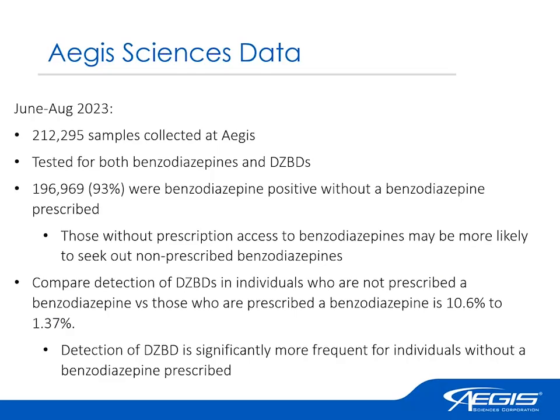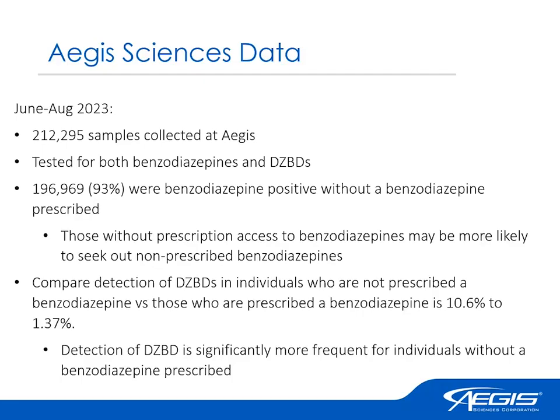Those without prescription access to benzodiazepines may be more likely to seek out non-prescribed benzodiazepines. When we compare the detection of designer benzodiazepines in individuals who are not prescribed a benzodiazepine versus those who are prescribed a benzodiazepine, it is 10.6% to 1.37%. The detection of designer benzodiazepines is significantly more frequent for individuals without a benzodiazepine prescription.